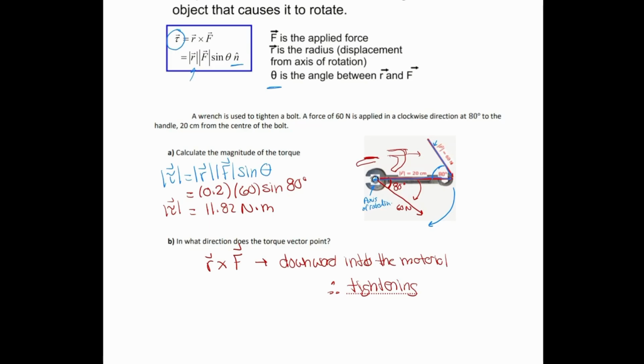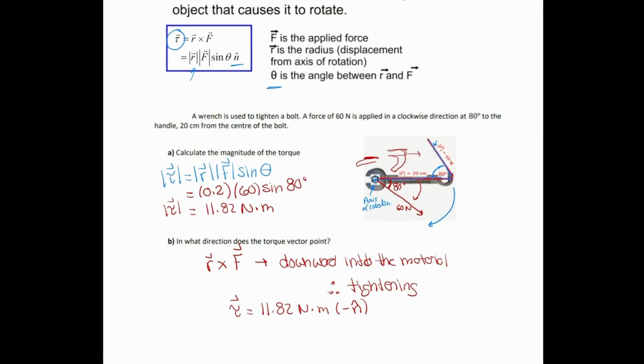Now, how would we write this out? Well, we would say that our torque, tau, is equal to 11.82 Newton meters. Now, this is where we have to multiply this by our normal vector, and it's going to be negative of the normal vector.